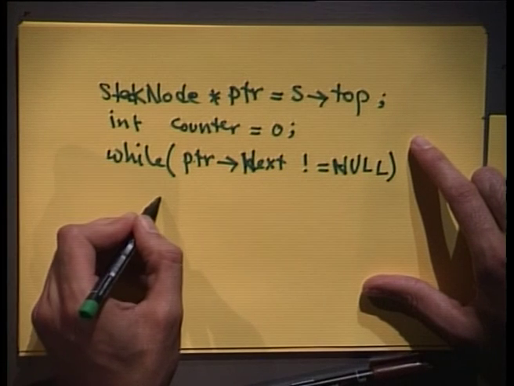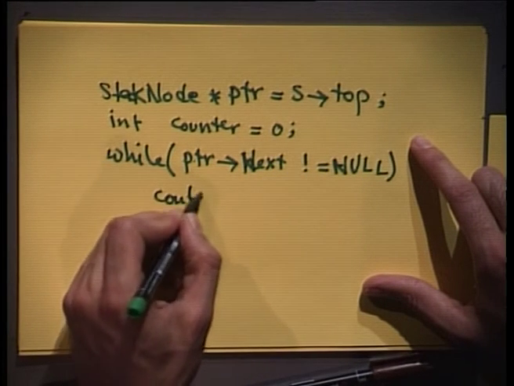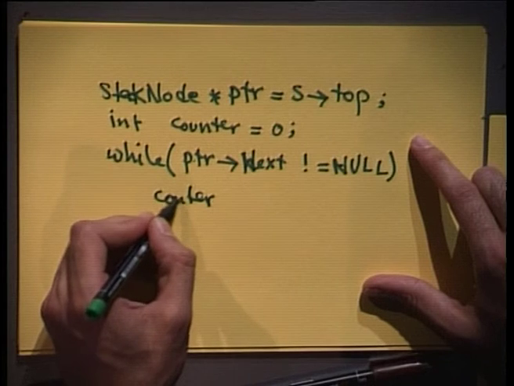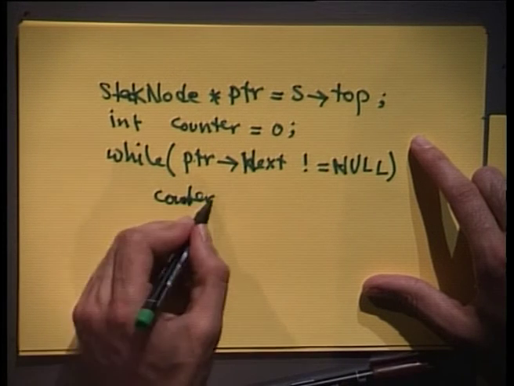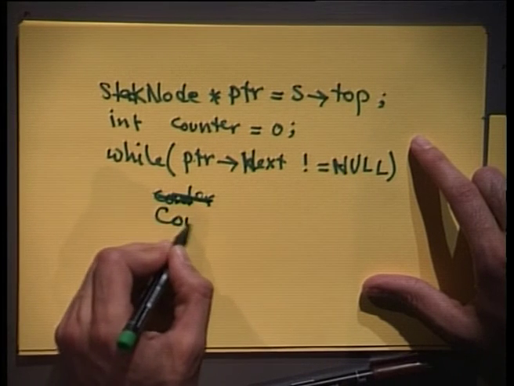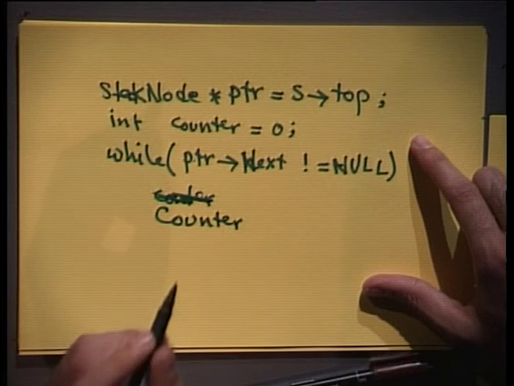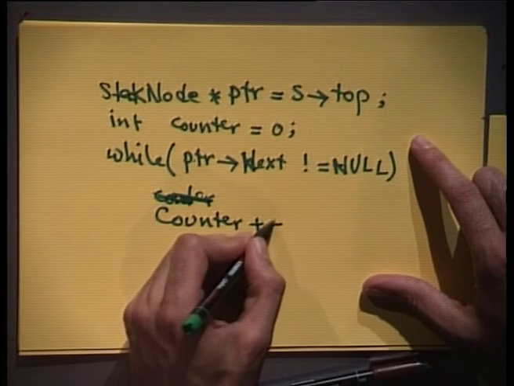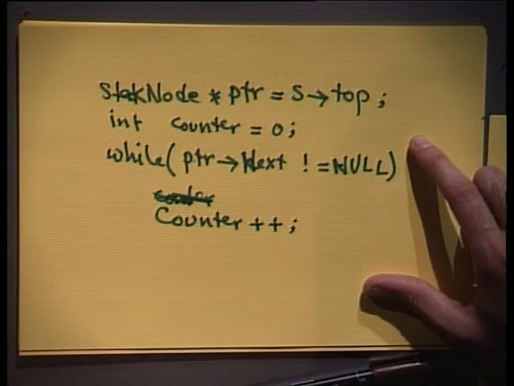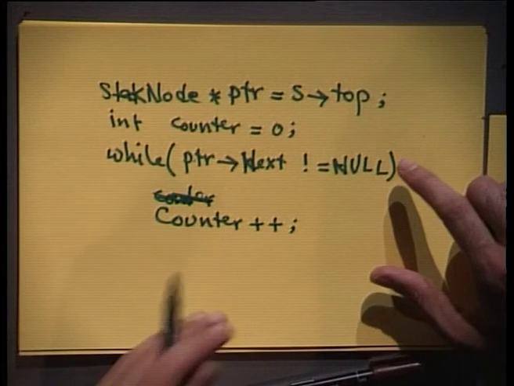then what do I need to do? Counter equals counter plus plus. Okay? So I will only count if the next entry is not actually null.